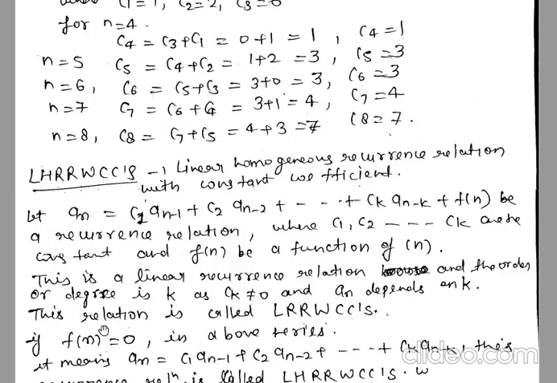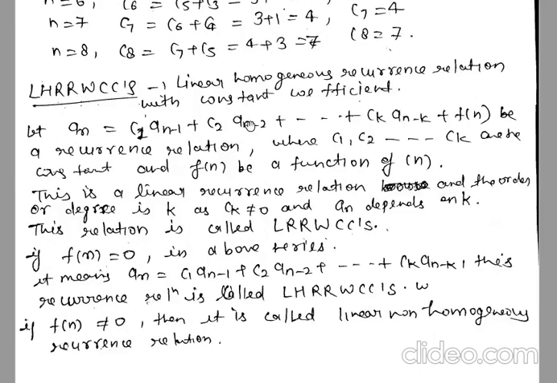Now this relation is called LHRRWCC, meaning linear homogeneous recurrence relation with constant coefficient. This equation one is not mentioned here, but you can see this equation is called a linear recurrence relation with constant coefficient.